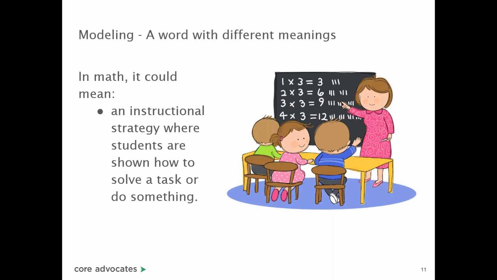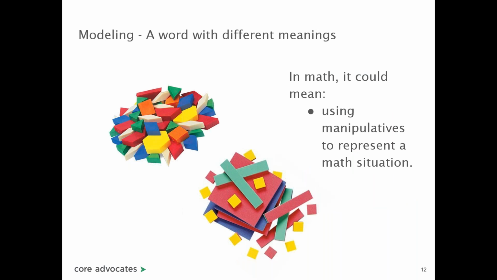And modeling, as we see in those examples, is a word with many different meanings, especially in mathematics. So in math, it could be an instructional strategy where students are shown how to do a task or students are showing how to do a task. That's one meaning of the word model. Additionally, it could be the use of manipulatives. I am using manipulatives to represent a math situation, so I'm modeling with the manipulatives.